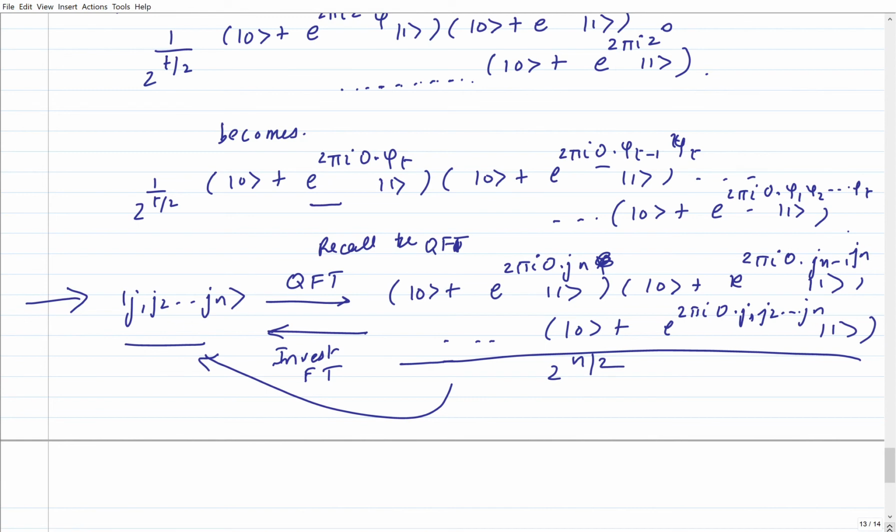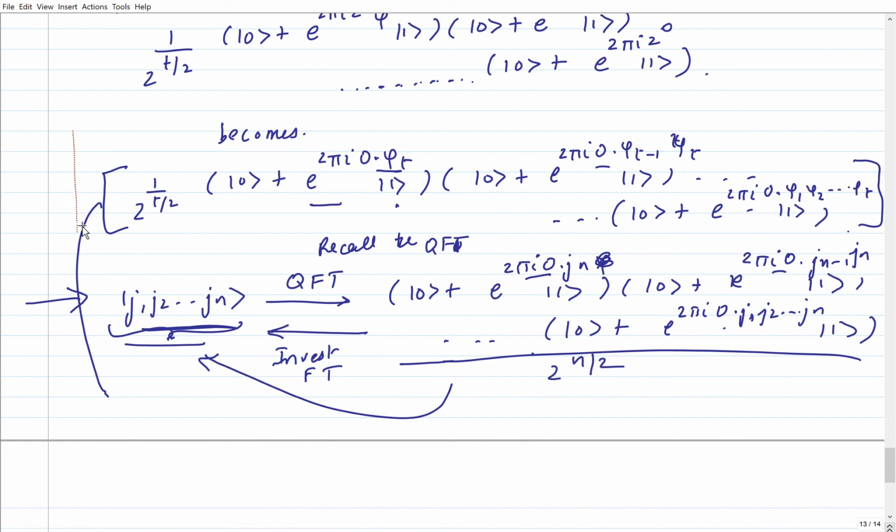So the entire information of this state, these bits, which was in the phases, can be recovered through an inverse Fourier transform. If in my phase estimation algorithm I had the information about the phase, this is exactly identical to this quantum Fourier transform circuit. So through an inverse Fourier transformation, I can get the information I need.